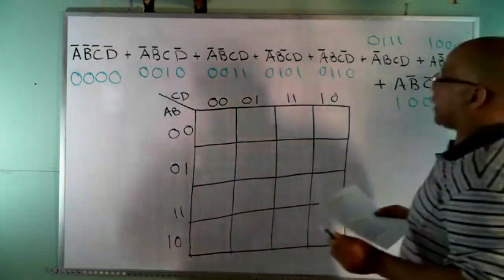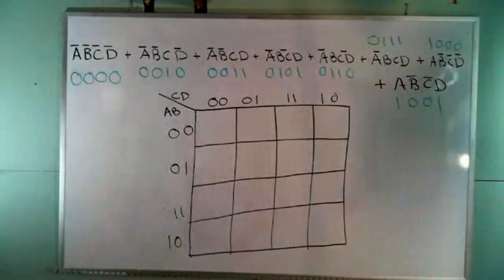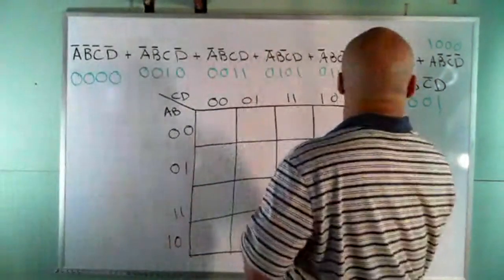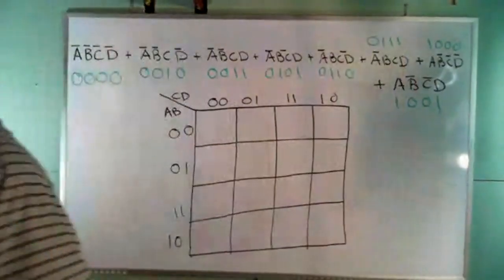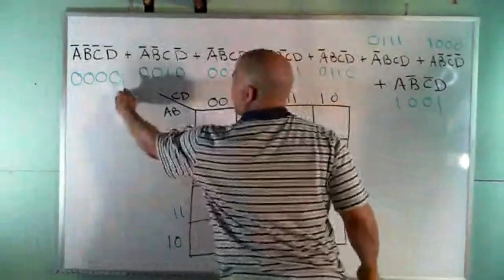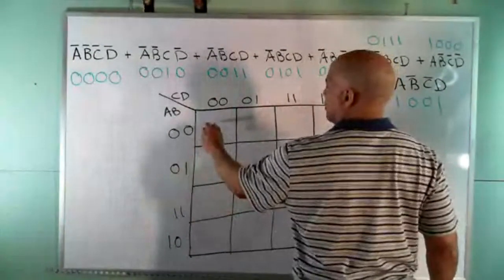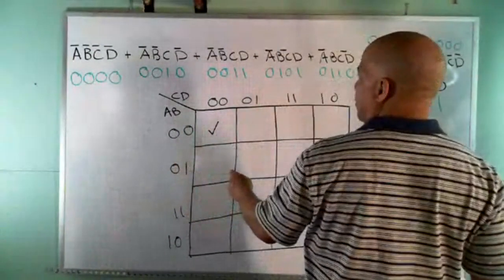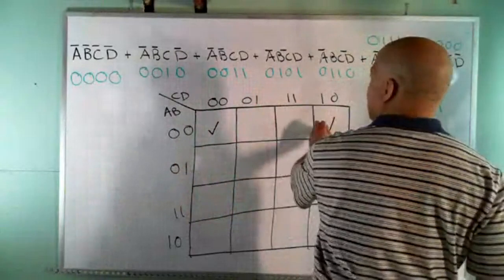I think I got that right. So look at that, make sure that agrees. So we got a zero, we got a one here. We got a one at 0010, which is here.